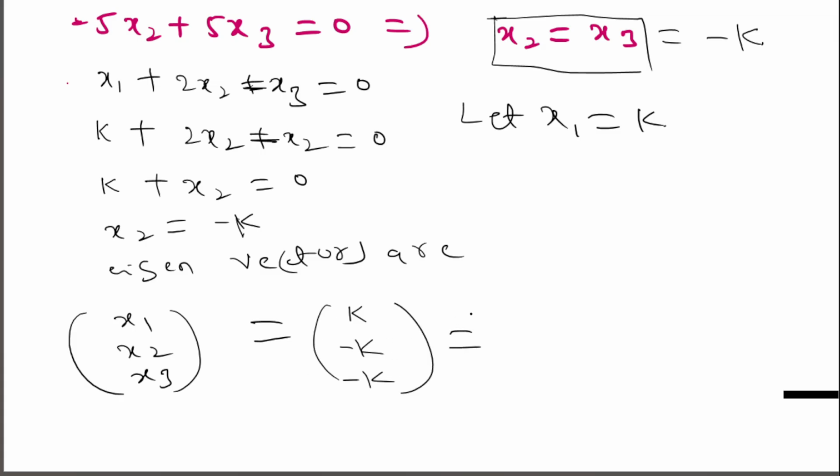We take k as common, then 1, minus 1, minus 1 will be its eigenvector for lambda equal to 0. And you can also do the remaining lambda values, 1 plus root 6 and 1 minus root 6.